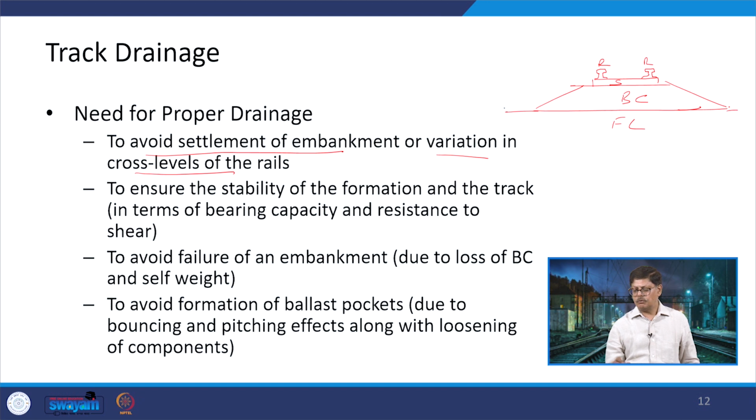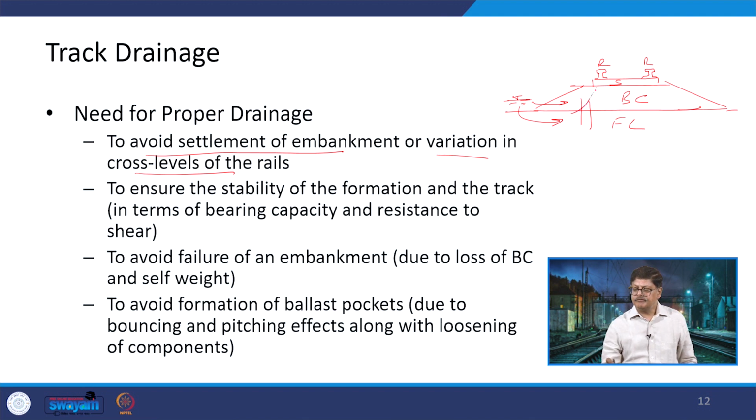Now, suppose the water comes here. Now, this water will start moving in these two areas, and when it starts moving in these two areas it will cause a problem in terms of their strength properties.